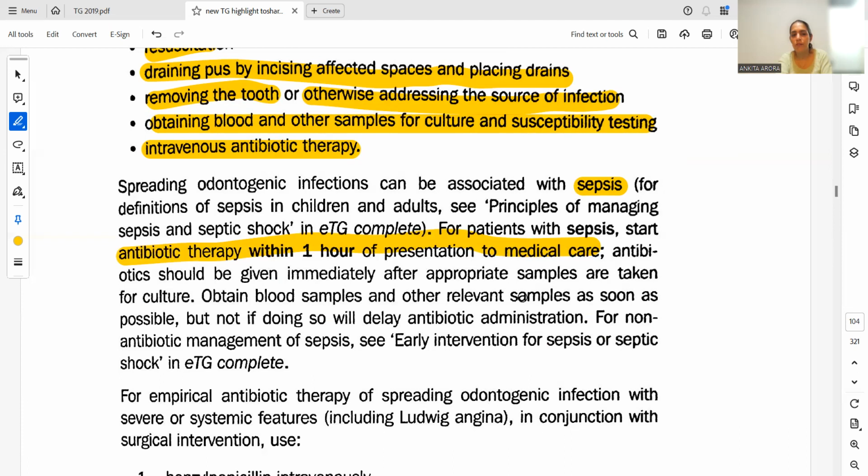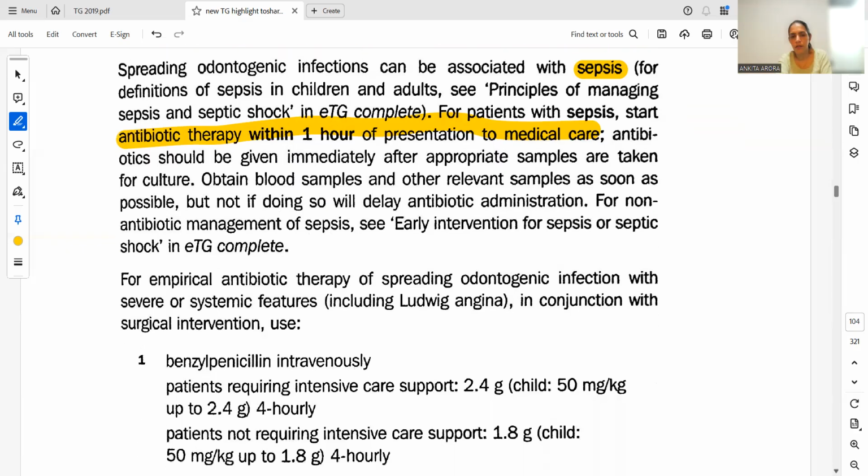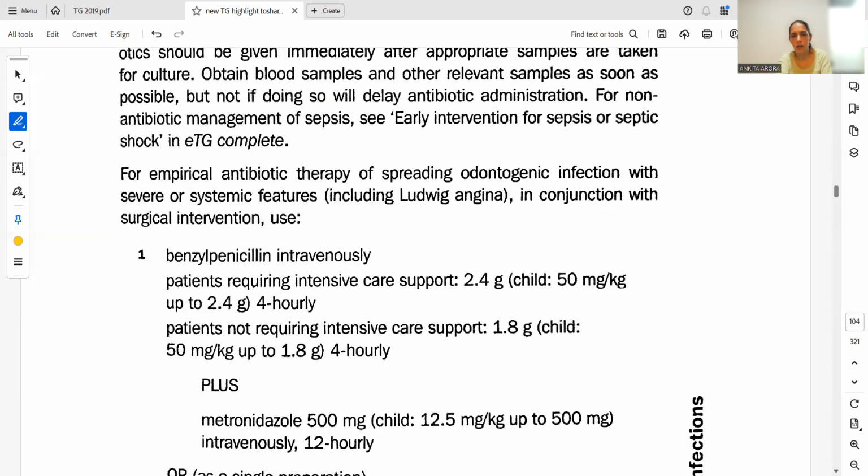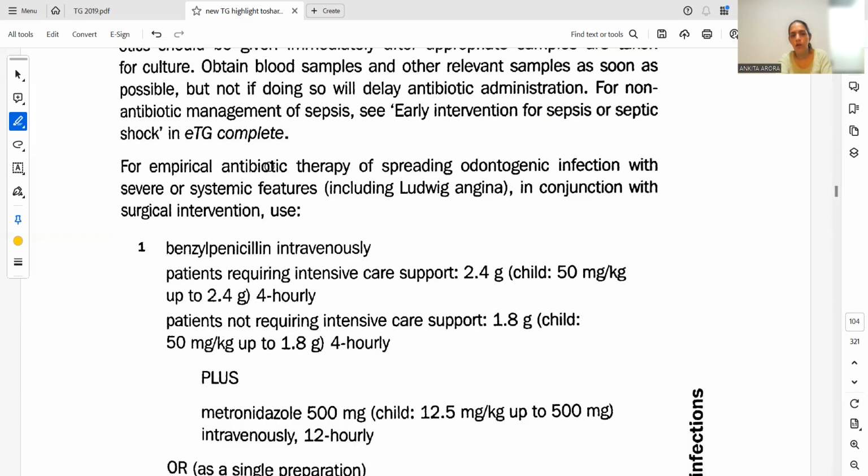Antibiotics should be given immediately after appropriate samples are taken. Obtain blood samples and other relevant samples as soon as possible, but not if doing so will delay antibiotic administration. For antibiotic management of sepsis, we would see the other area of eTG.